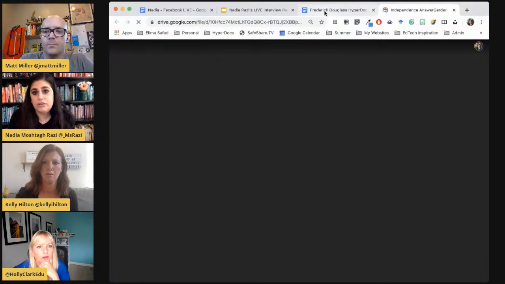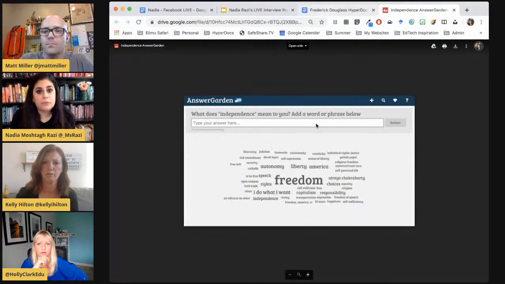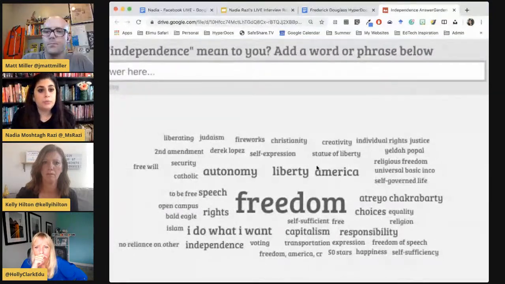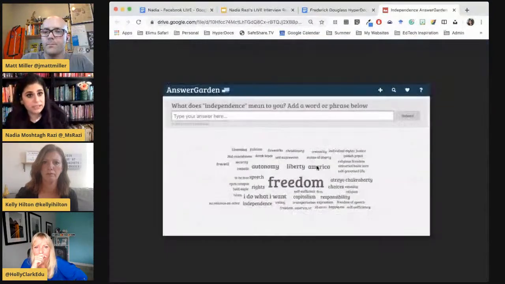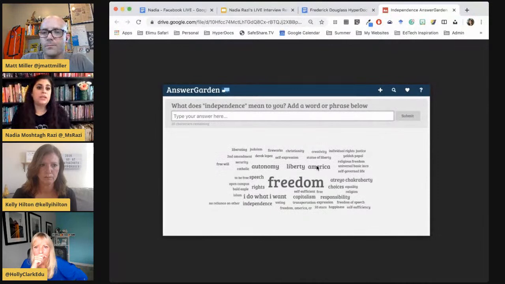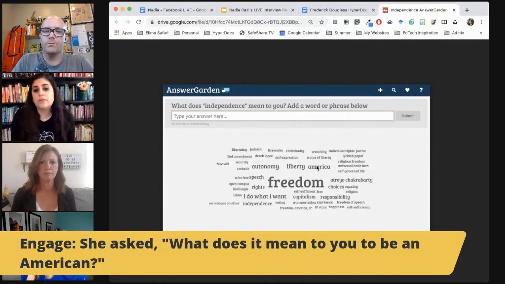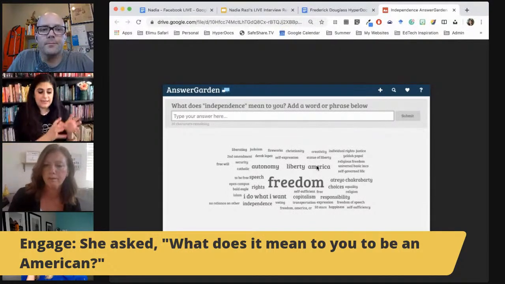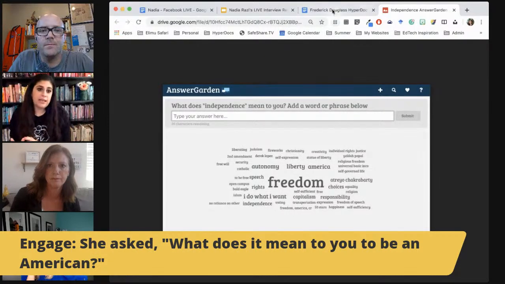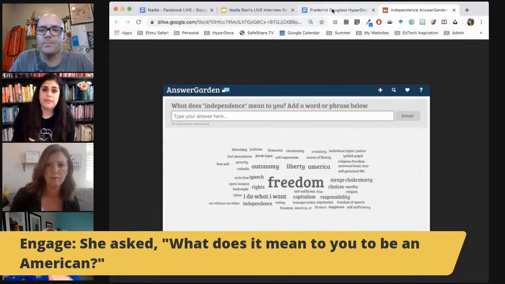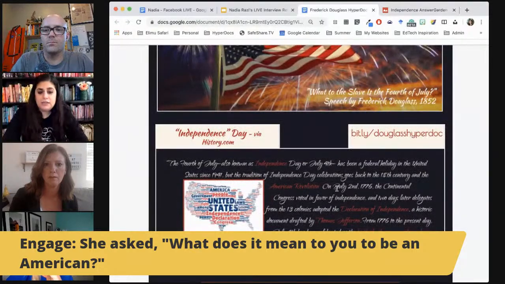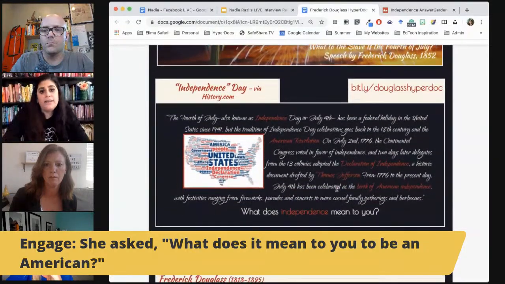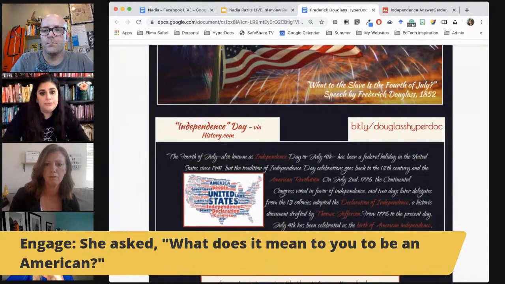Several of them shared stories about the 4th of July and how important it was to them, celebrating with their families, what it represented, and the customs and traditions surrounding it. I wanted to use that to lead into Frederick Douglass's "What to the Slave Is the 4th of July." I did that by asking them, what does independence mean to you?